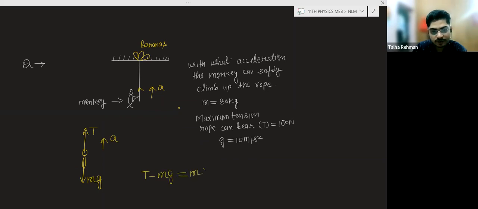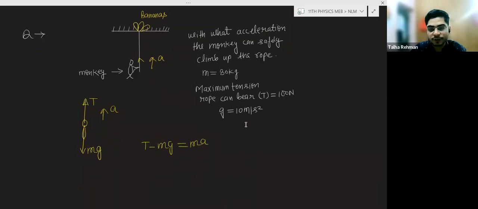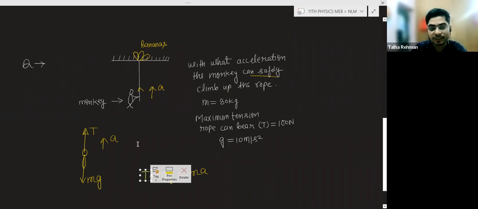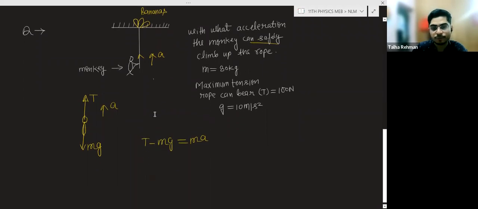Oh, sorry, we want to find the acceleration. They are asking with what acceleration the monkey can safely climb the rope, but the maximum tension is given. This will be the maximum tension that the rope can bear. So we will put here 100.